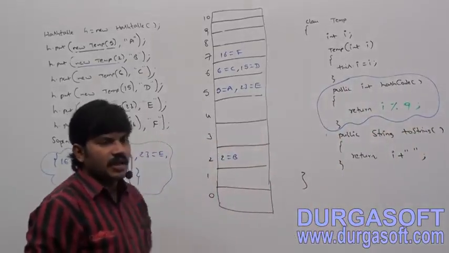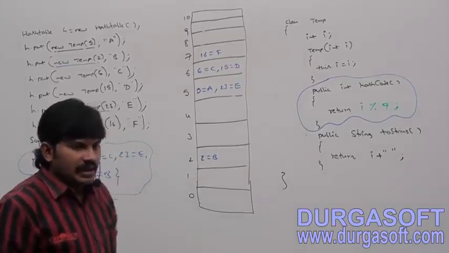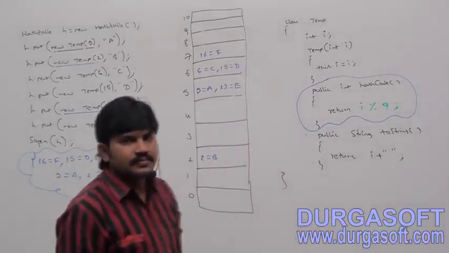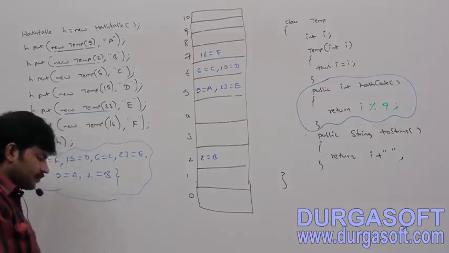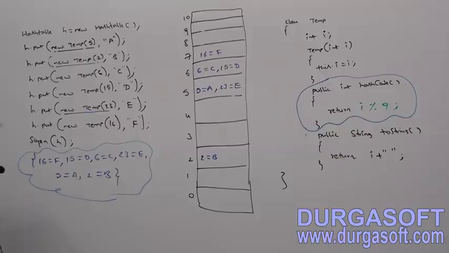Public int hashCode, return i % 9. Public int hashCode, return i % 9, like this. Are you getting it? Public int hashCode, return.